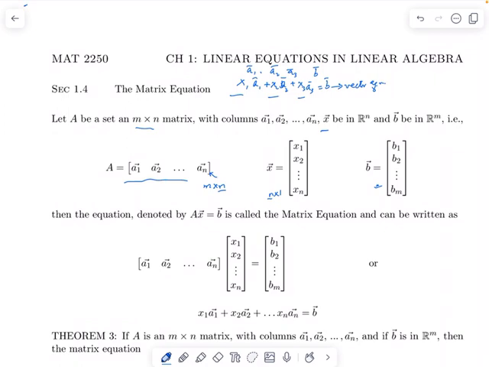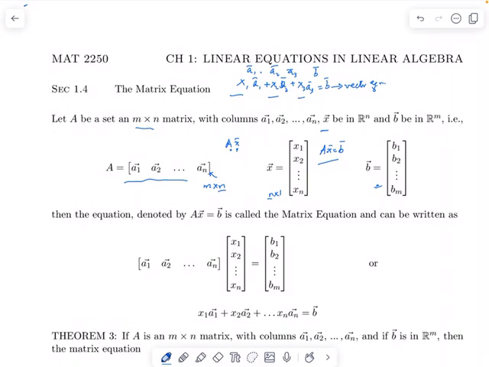Because we are going to write it as Ax, the number of columns of A must match the number of rows of x in order to multiply them. The result will be b. So we are saying A times x is equal to b. This is called the matrix equation. The size of A is m by n, the size of x is n by 1.